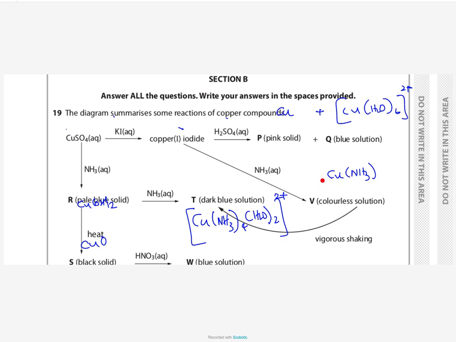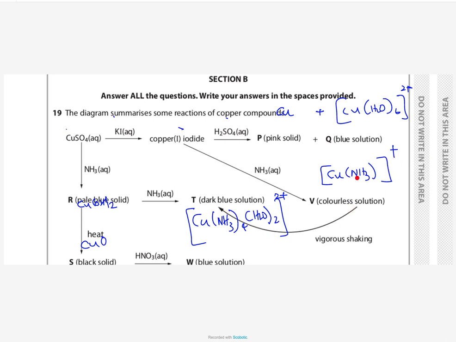How many ammonia molecules here? Ammonia is maximum 4. This has to be a copper 1 complex with ammonia. Just look at the number of moles of ammonia in a while. This has to be copper 1 here because copper 1 is colorless, right?